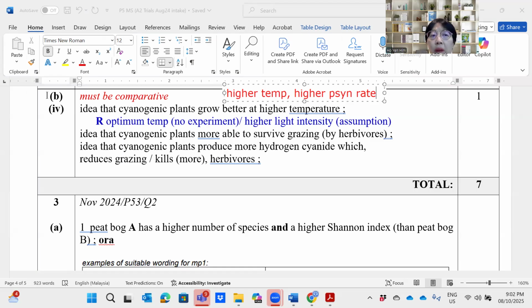So this is where you got to be very careful. What leads to what? Light leads to photosynthesis, temperature leads to higher rate of reaction, not necessarily photosynthesis, even though it can affect enzyme activity also.